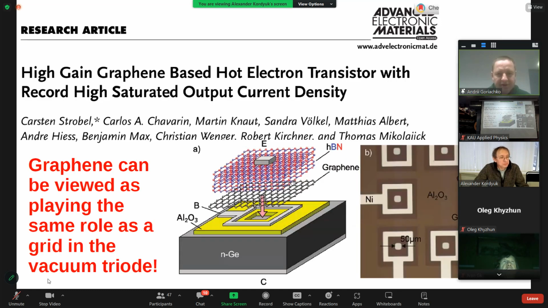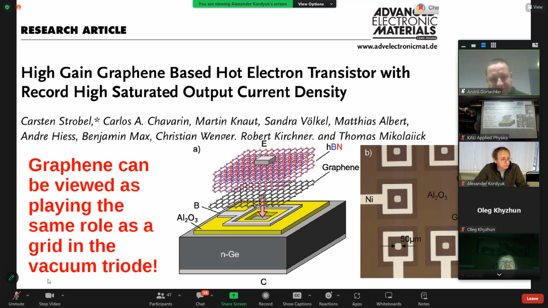There are also various different varieties of transistors that you can make. For example, hot electron transistors, the structure and the photo of which you can also see on the screen. It is also a very recent publication of the authors that you see here.